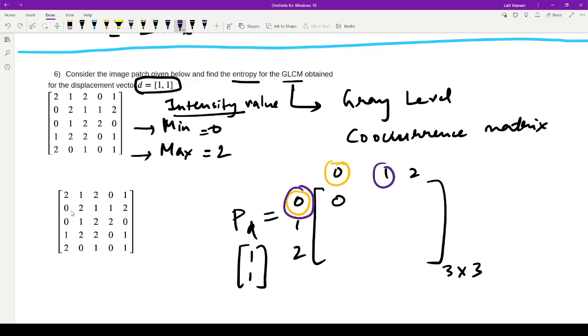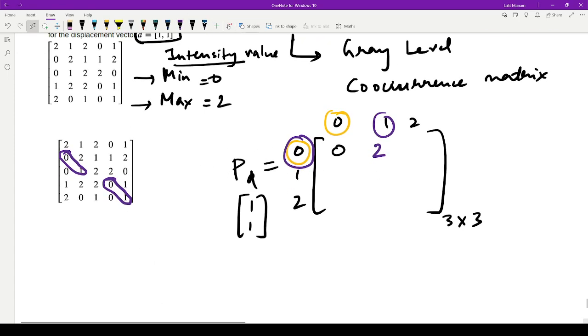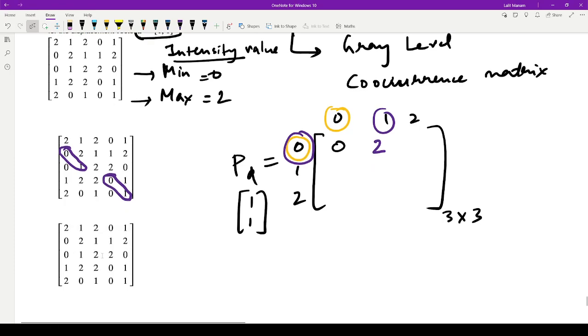Next, we have this 0 and we check the value here, which is 1. So then we mark it. We have one occurrence of (0, 1). What else? Can you find other occurrences? I'll pick this 0. No. Pick this 0. No. Pick this 0. Here is one more of them. Pick this 0, it's outside. Okay, fine. So in total, with (0, 1), you have two occurrences.